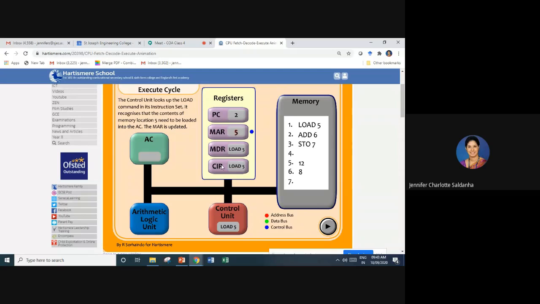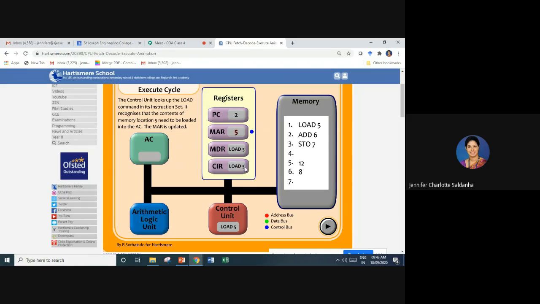So the instruction is getting decoded, and while decoding, it will come to know that the operation is to load the data from memory location 5. Memory location 5 is this, and the data is 12. Load 5 means load the data from memory location 5 into the processor.